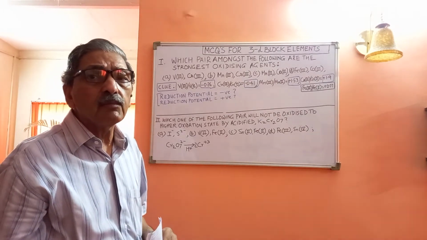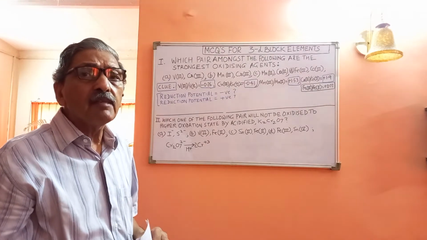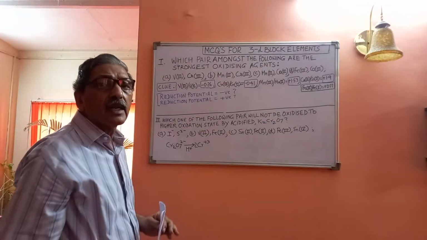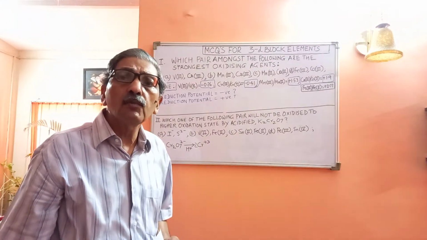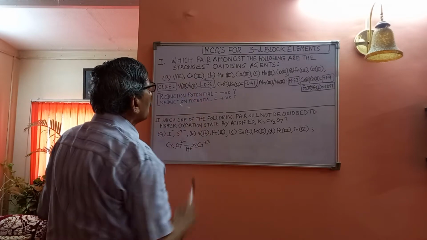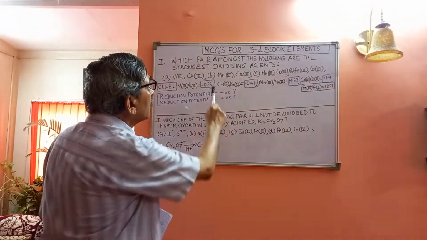That means the vanadium 3 will go into vanadium 2. That is why we need to know the reduction potential of the vanadium 3 and vanadium 2 couple. Similarly, we would like to know the reduction potential for chromium 3 and chromium 2, and so forth.